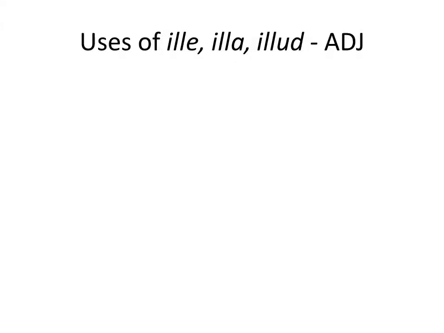Speaking of translating, where do we see this? Let's start with the adjective. Remember, adjective agrees with noun, modifies a present noun in gender and number and case. They have to agree. So, ille puer means that boy over there, that particular boy. That's the emphasis that a demonstrative gives us.